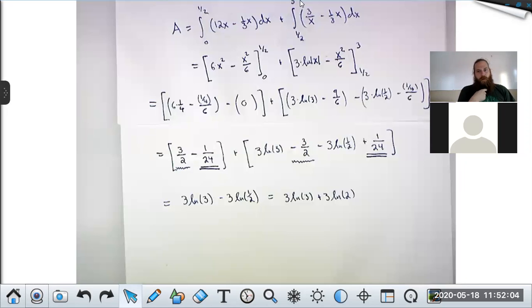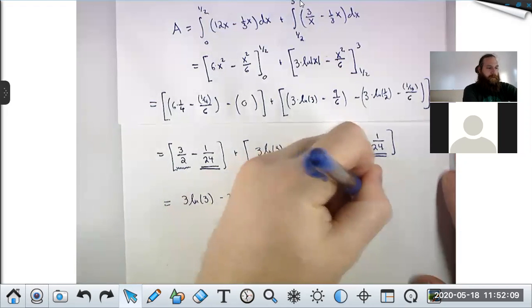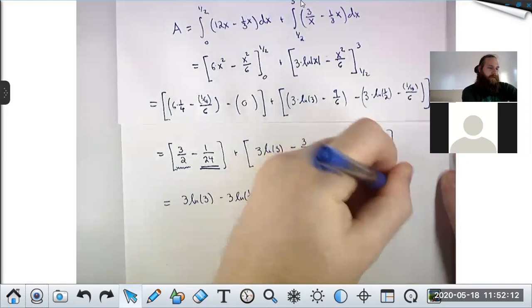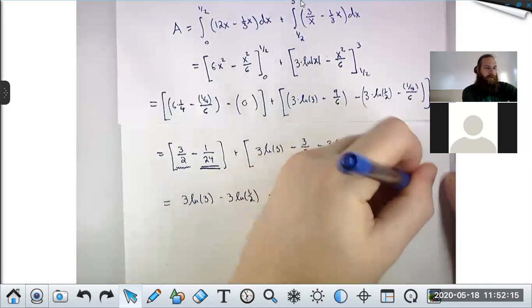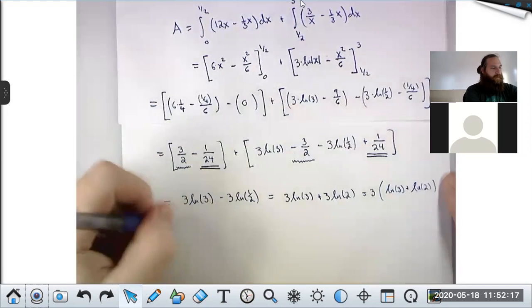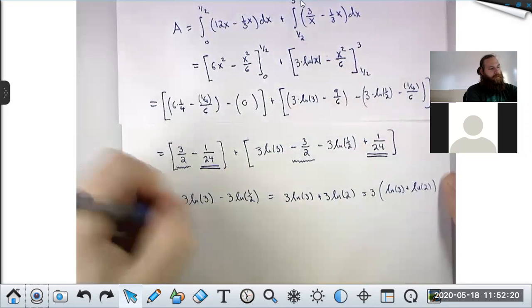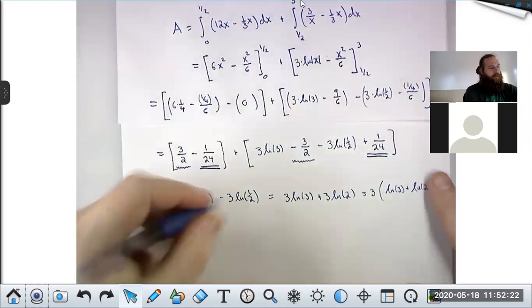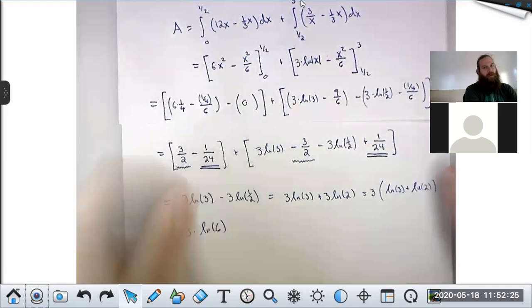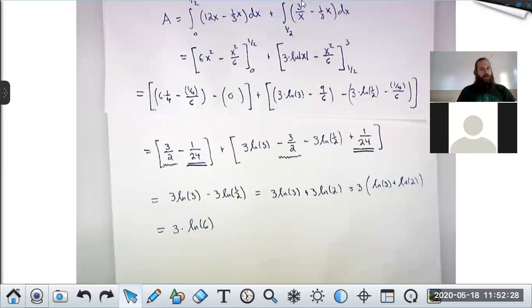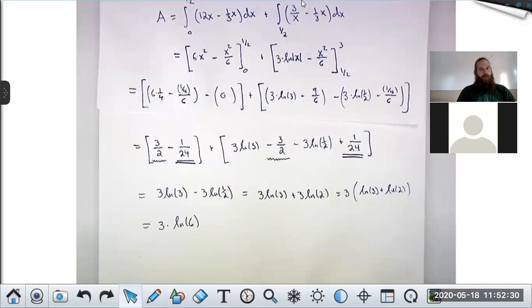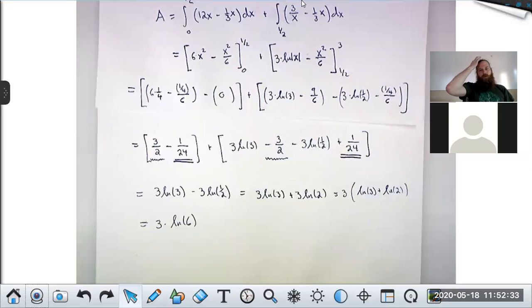Factor the 3, and you get ln 3 plus ln 2. So if you are feeling fancy, you could write this as 3 times the ln of 3 plus the ln of 2, which is the ln of 6, using that rule that says addition outside on a logarithm is the same as multiplication on the inside. So that's as nice as this could possibly be. If you leave it at this, I would be perfectly happy, though. There's nothing wrong with this. You should simplify to that point.